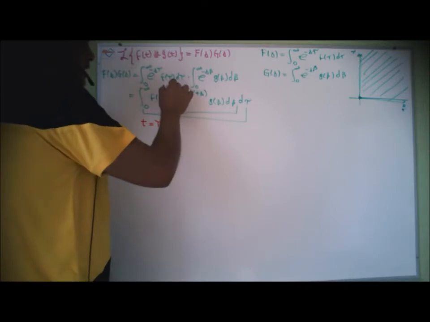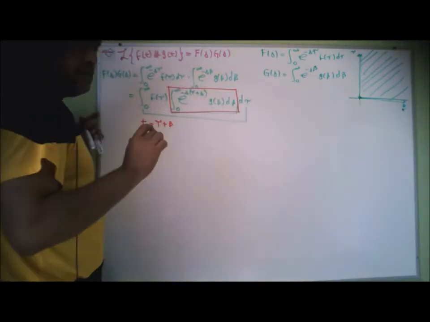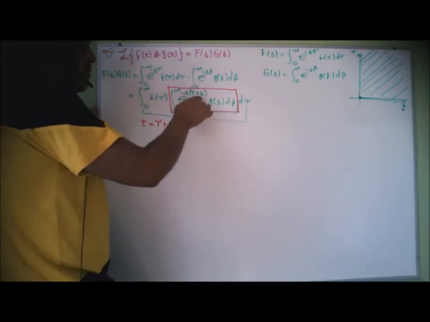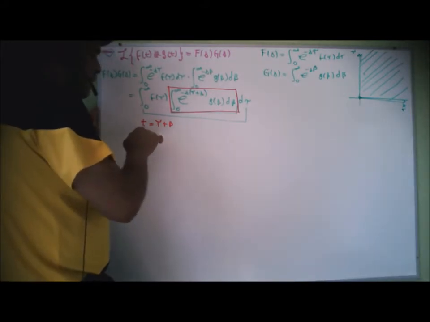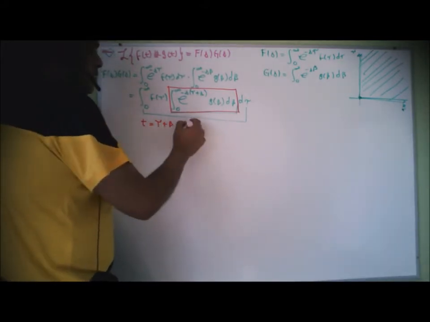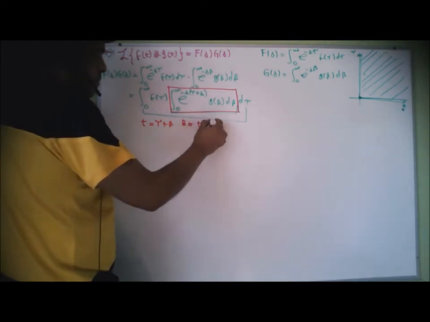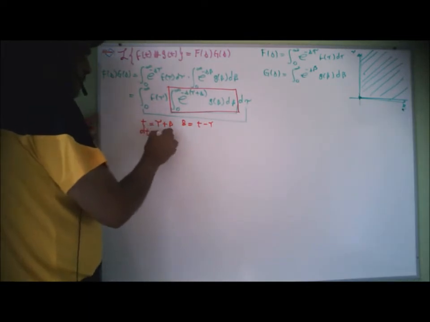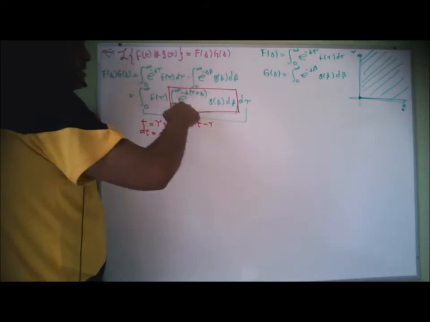I'm going to make the variable change on this integral, because in this integral tau is a constant and beta is the variable. So I'm going to change beta to t. Beta is equal to t minus tau, and differential of t is equal to differential of beta, because tau is a constant for this integral.